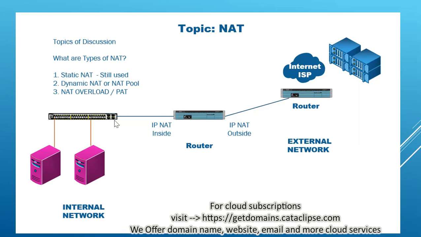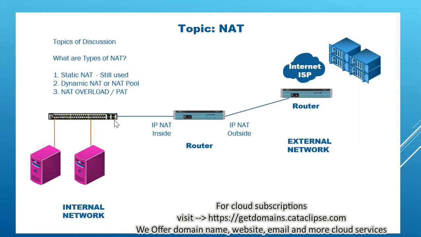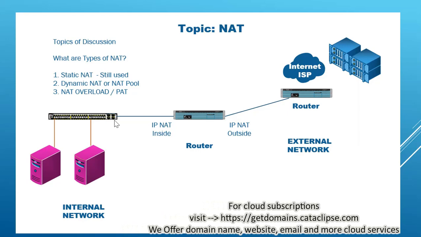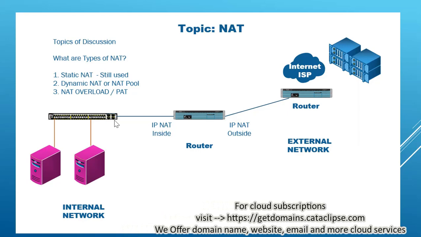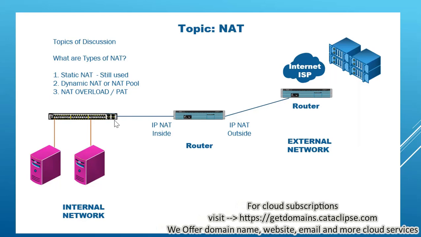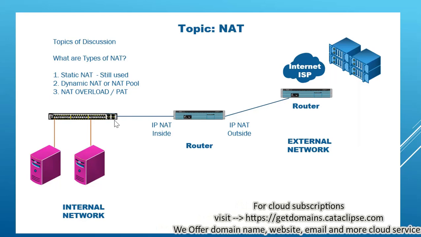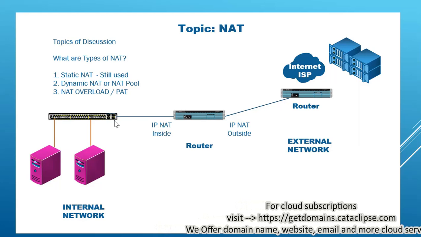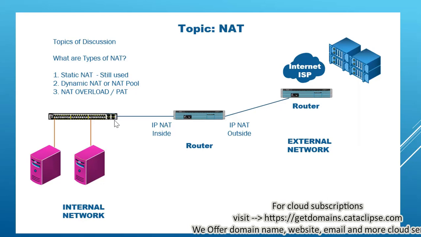And that's where NAT comes in. Basically it's conserving the use of public IP addresses, and it's using TCP ports to translate the web traffic or any traffic, but it keeps only one single IP address.